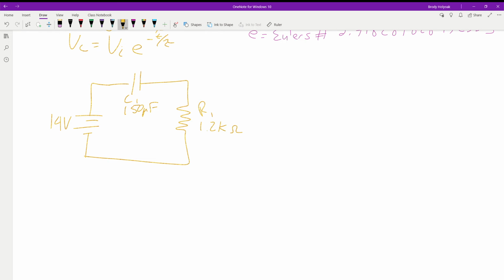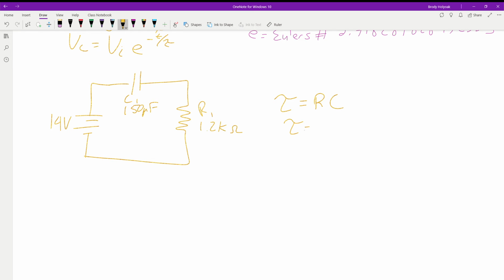So the first thing we need to know is, what is our tau? What is our time constant? What's our formula for finding tau? Resistance times capacitance.